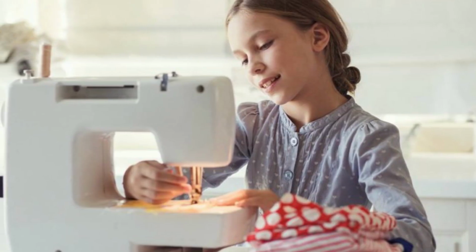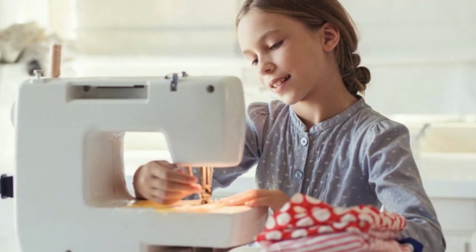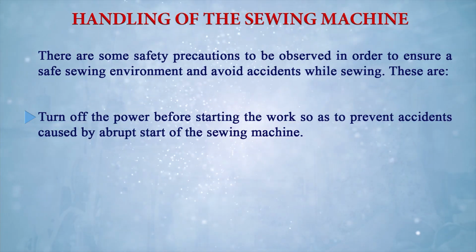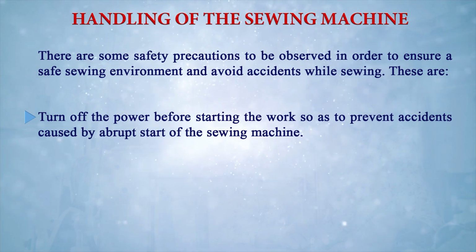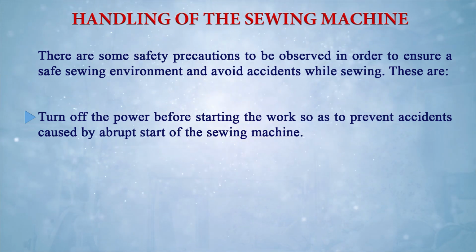But when you are using the motorized or electronic sewing machine, just put off the power before starting, because if the power is on and you accidentally keep your feet or hand on the paddle, it starts automatically and any accident may happen.